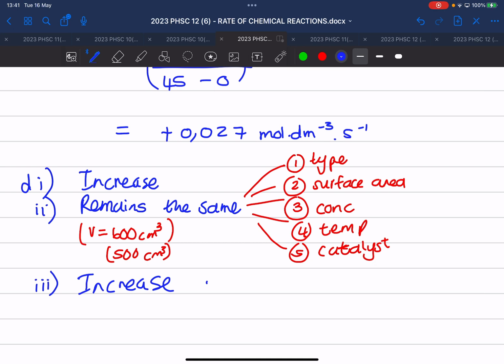Then they ask, how does the concentration of sodium thiosulfate solution used in experiment 2 compare to that used in experiment 5? Choose from more than, less than, or equal to. If you compare 2 with 5, which one's concentration is higher, 2 or 5?